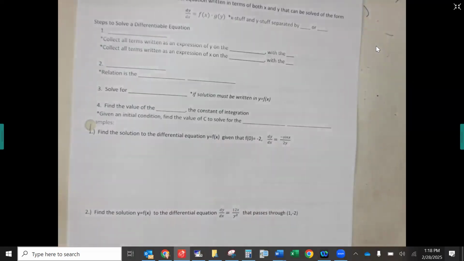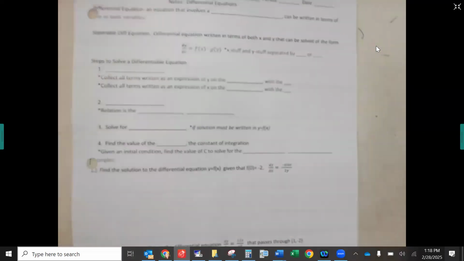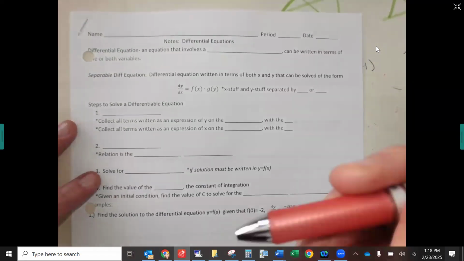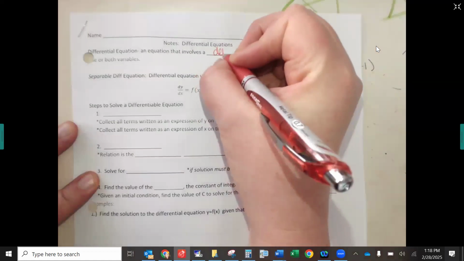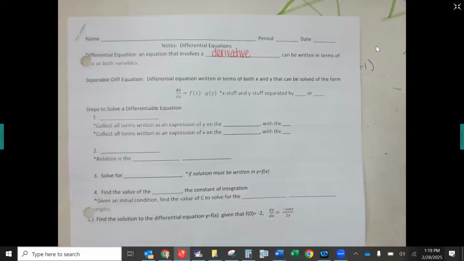Okay. So let's look at your notes for today. A separable differential equation is going to be, let's first say what a differential equation is. It's just an equation that has a derivative in it. Differential equation sounds scary, but really it just means that you have a derivative equation.